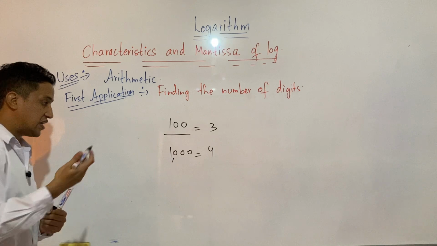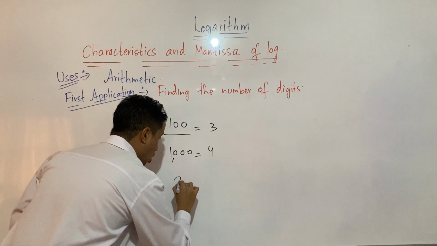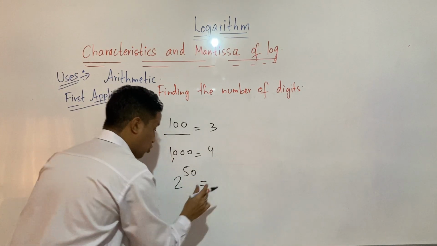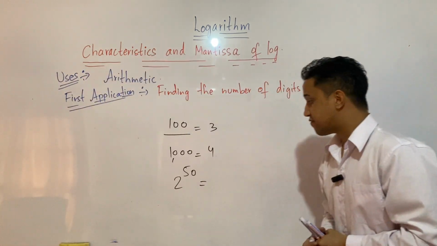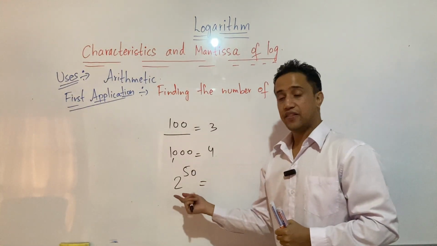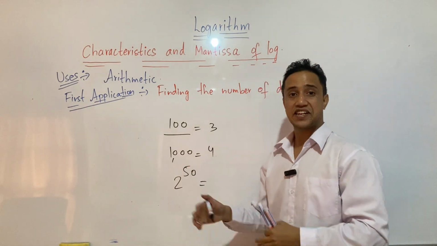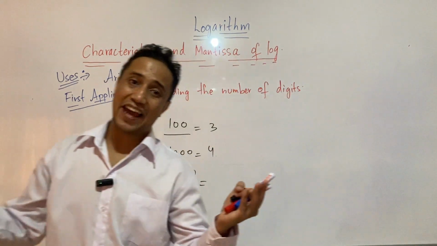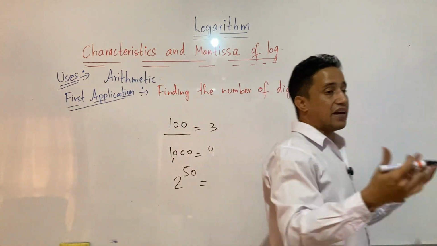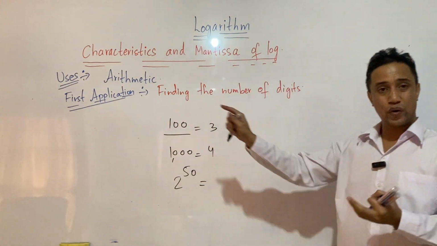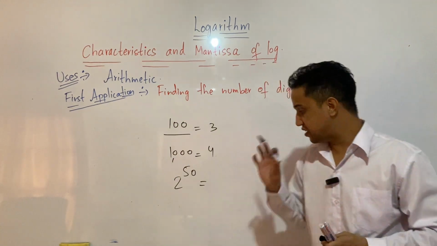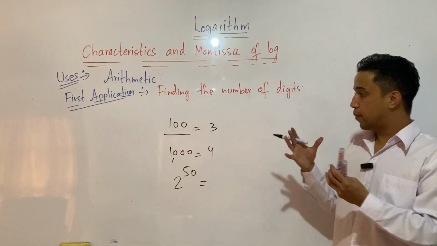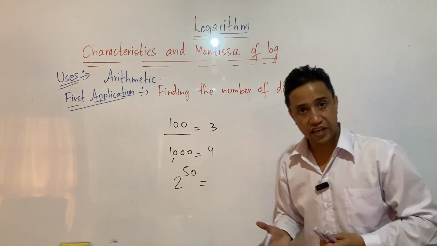But what if I ask how many digits are going to be there in this number? You have to find out the value of this and then calculate. As the power increases, the number gets big, so it's going to be a very tedious task to find the number of digits in the given number.